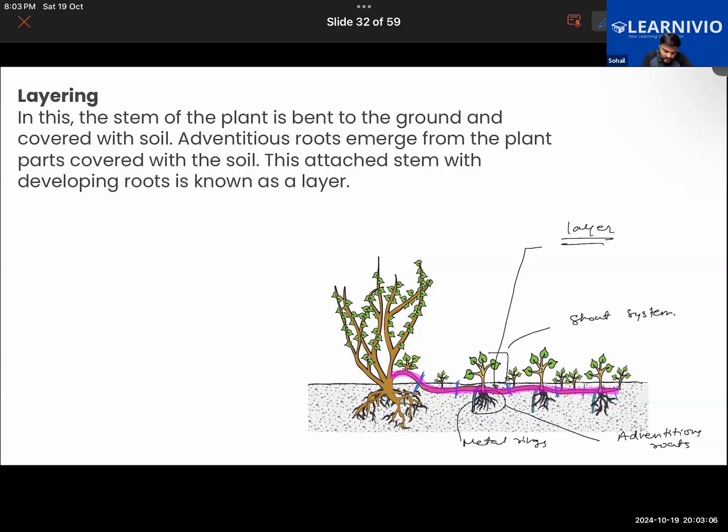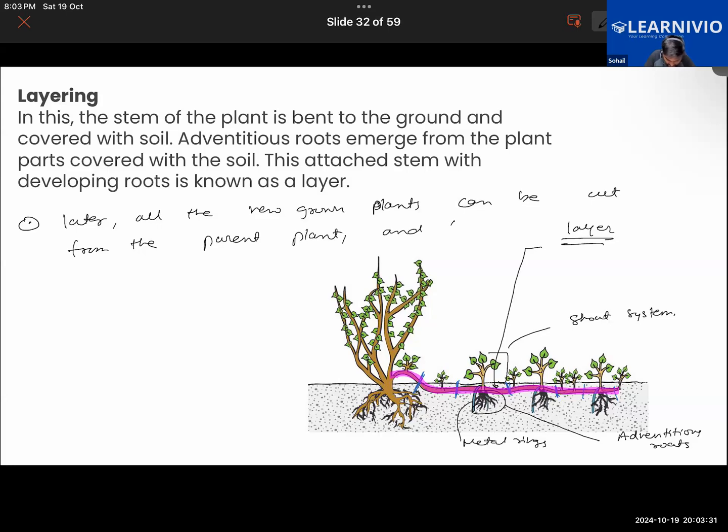Now, an important point to be noted down is that later all the newly grown plants can be cut from the parent plant, and they grow independently.